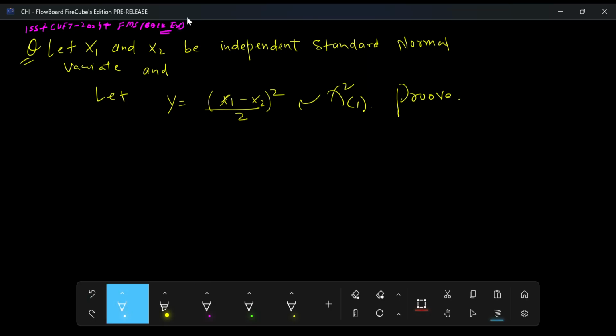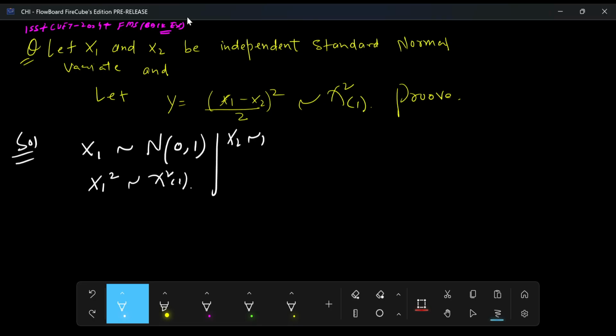See how to solve this question. As you know, when x1 follows normal 0, 1, then x1 square will follow chi-square 1. x2 follows normal 0, 1, x2 square will follow chi-square 1.